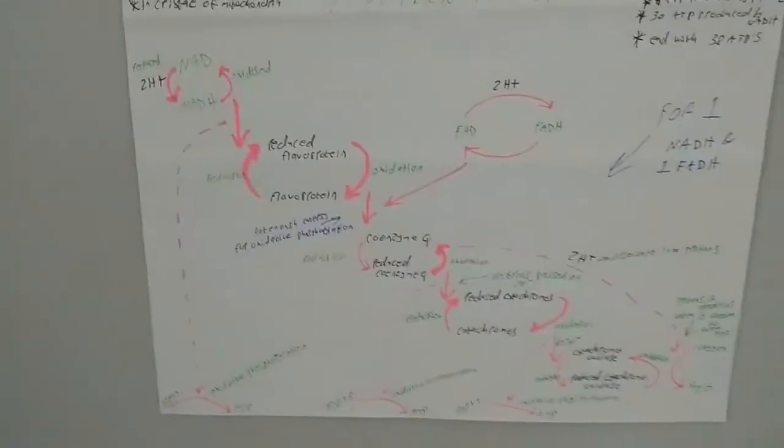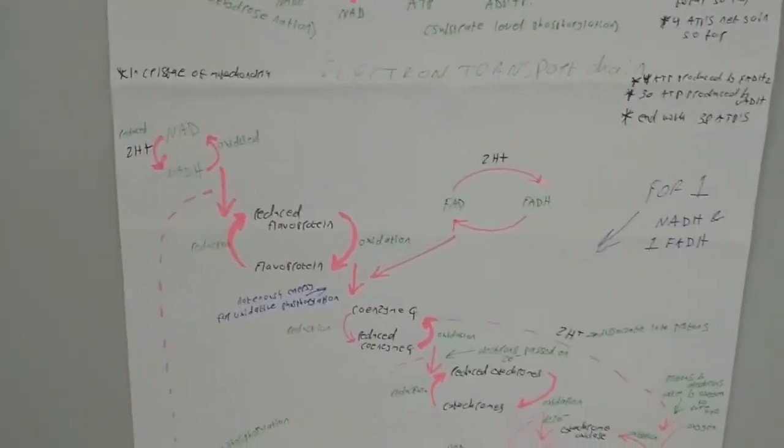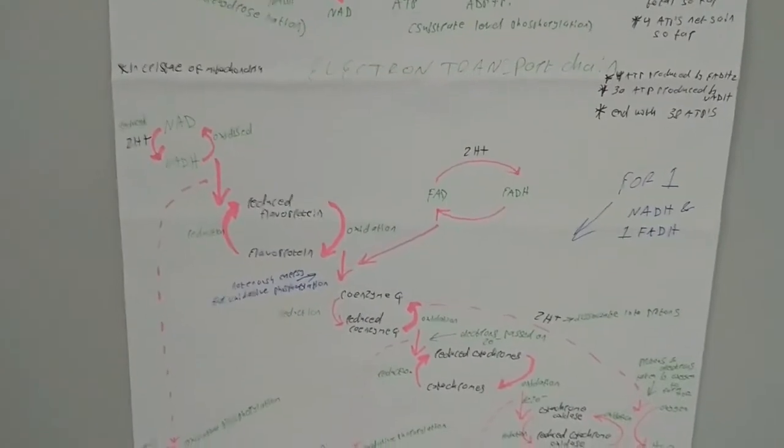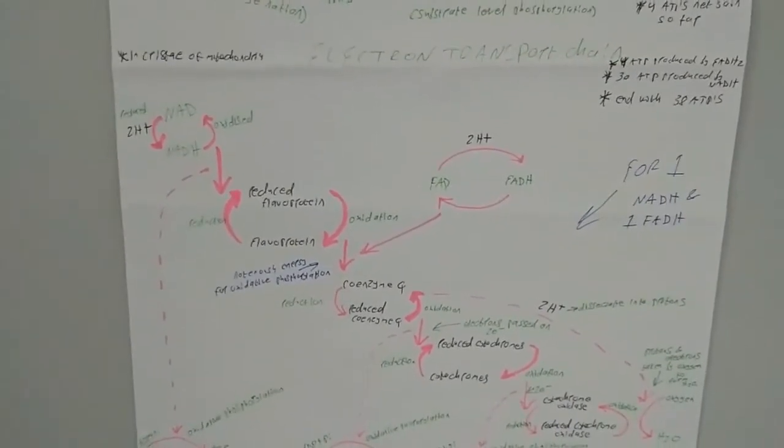So let's go through the electron transport chains so you understand how these come about. So in the electron transport chains, you see up here NAD is NADH, and it will enter and come in contact with reduced flavoprotein, which can be reduced and oxidized to become flavoprotein.